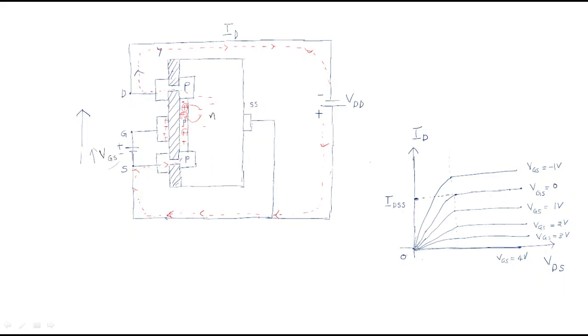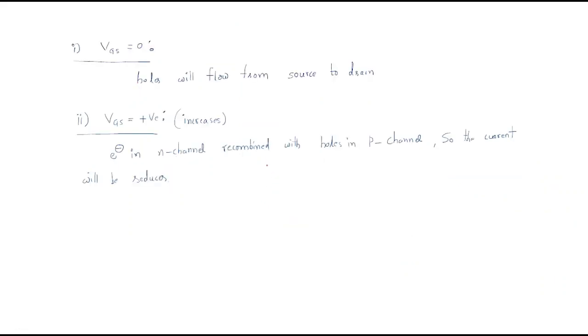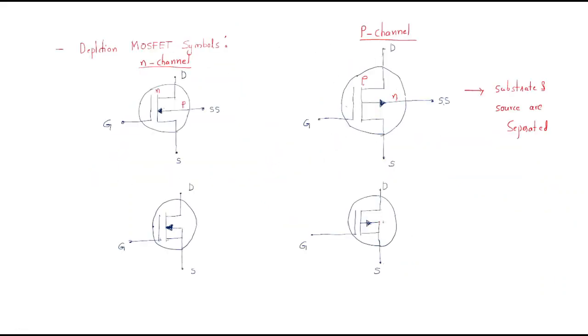These are both combined together, so that's why the symbol is like this. So we can write the substrate and source are combined together. Both of these are applicable.